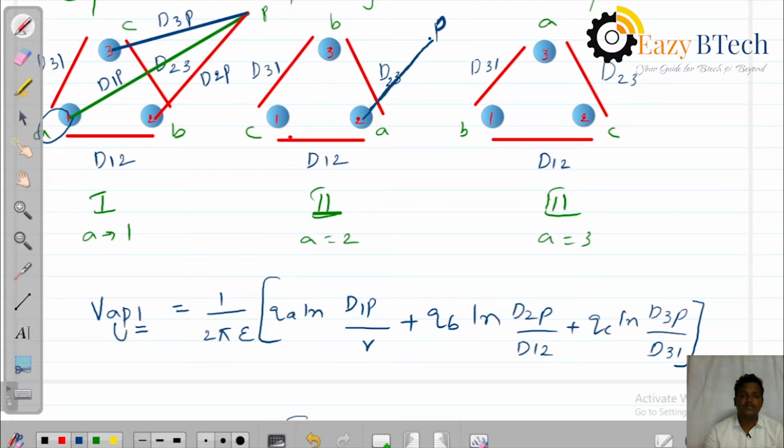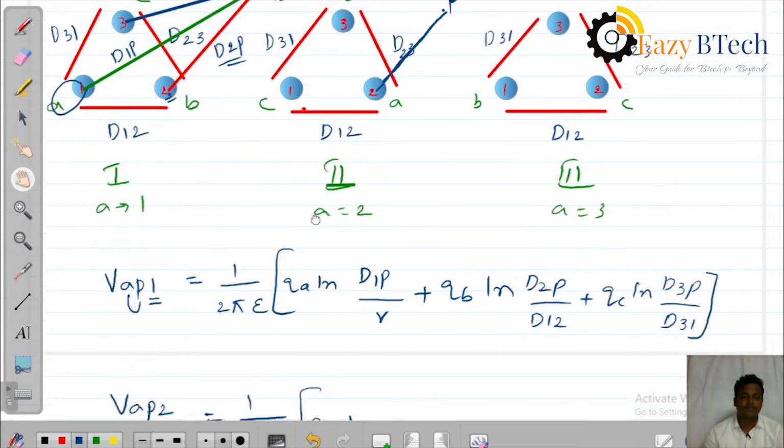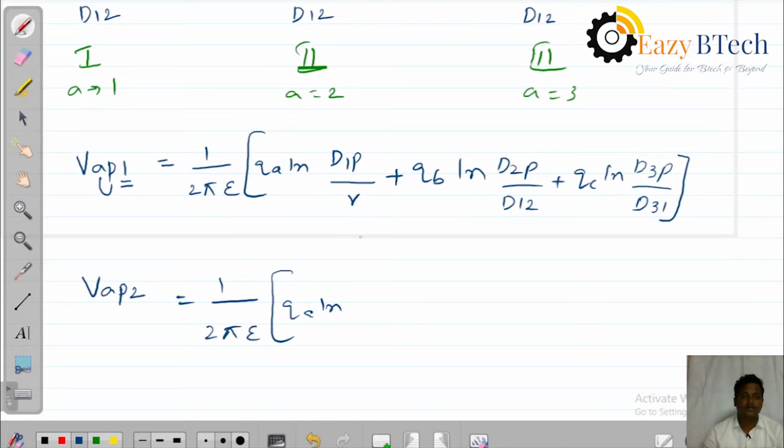The second position to P is D2P. Therefore, it is D2P divided by DAA. DAA is nothing but R.